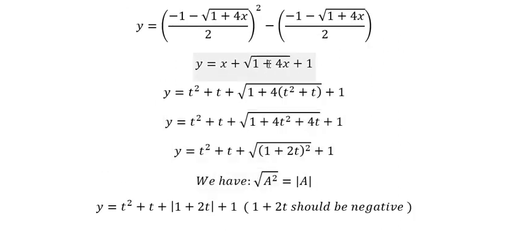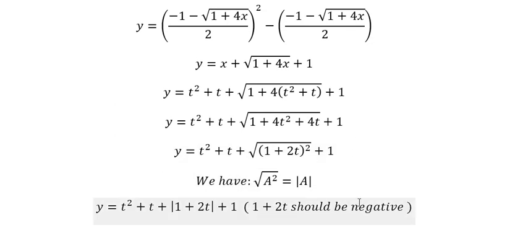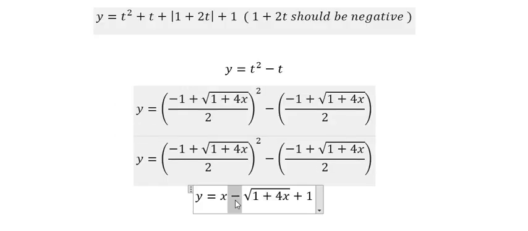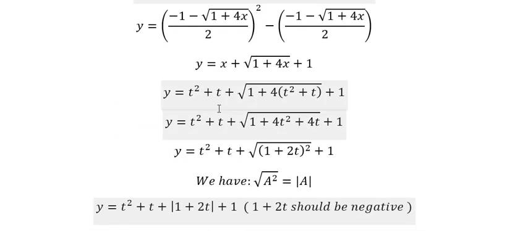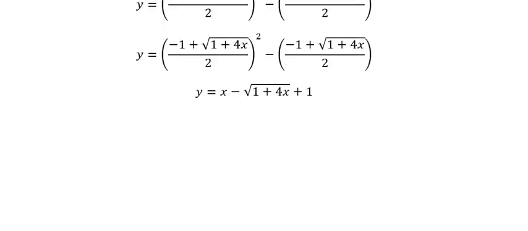So if we do the same technique in this way, this one should be about positive because we have the negative sign in here. So if we combine this one and this one, we got the final answer.